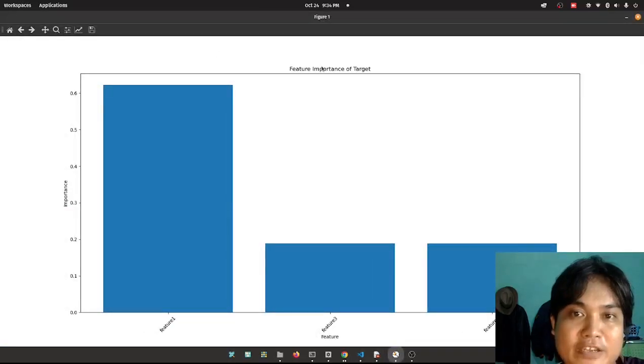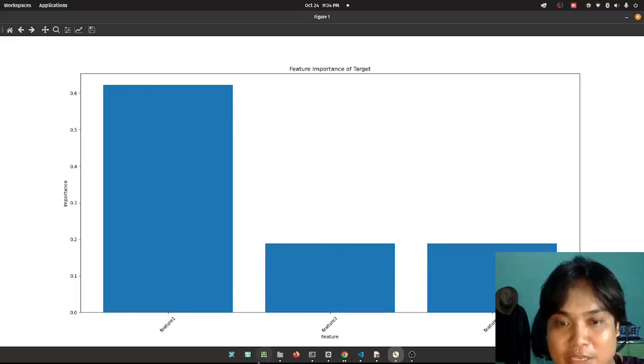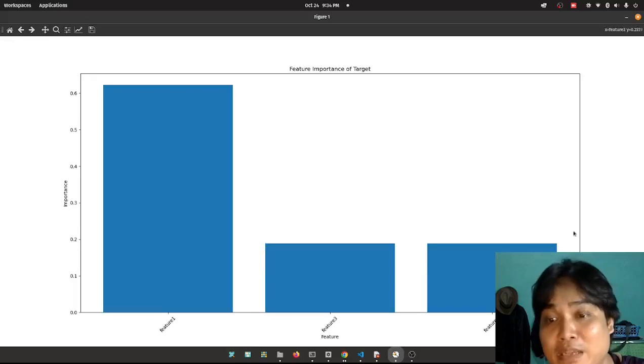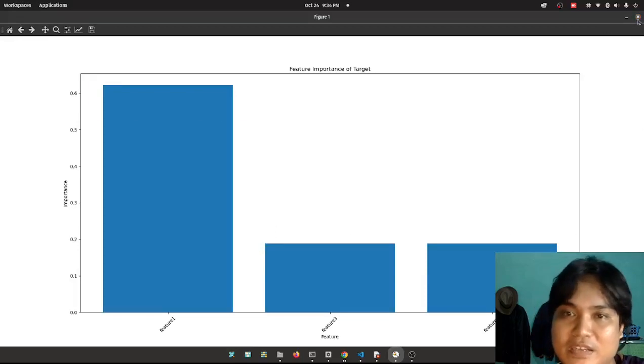As you can see, if we use feature importance, feature 1 is the biggest. And because the coefficients of feature 3 and feature 2 are the same, their values or magnitudes are similar.